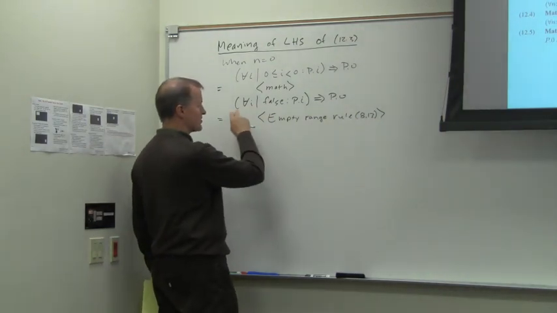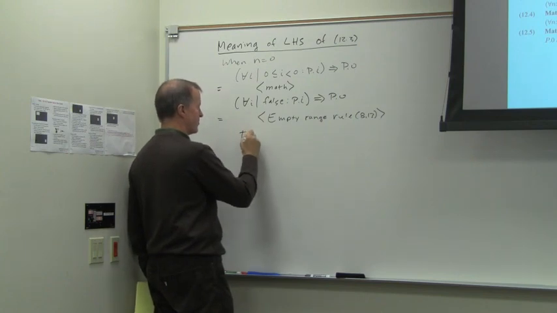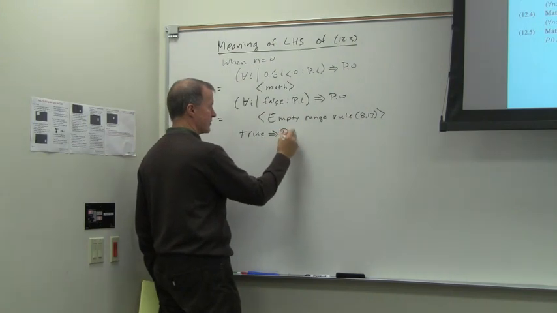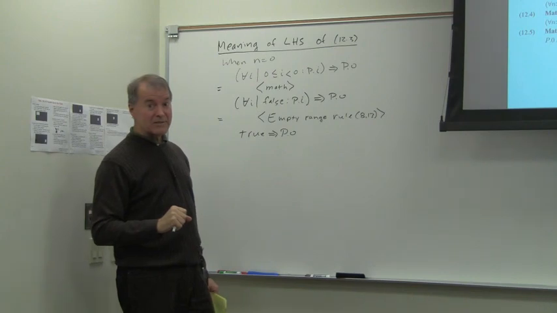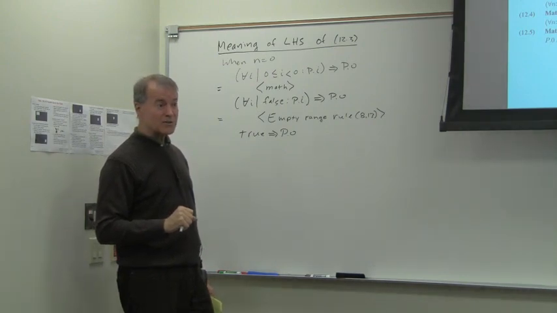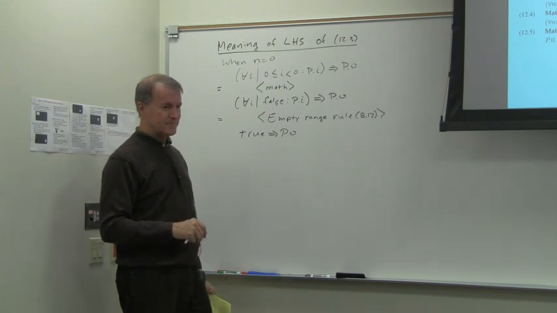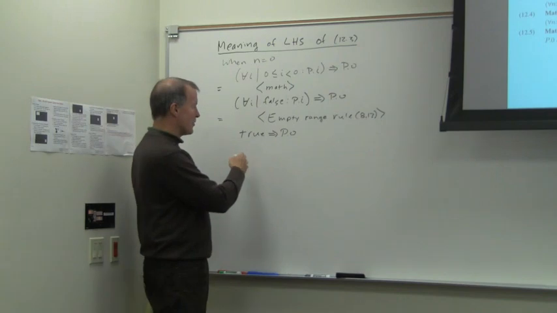Okay. So this whole thing is saying what? True. True implies what? P.0, right? Can we do some more work on this one? What do you think? True implies P.0.